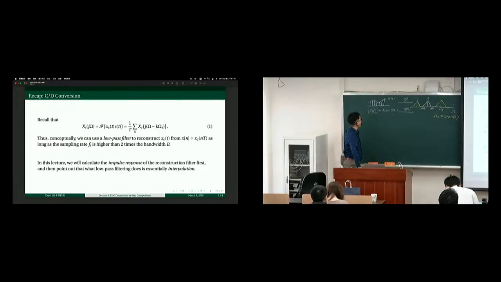We're okay in the sense that we can retrieve the original spectrum by applying a low-pass filter. We can reconstruct the original spectrum by applying a low-pass filter.